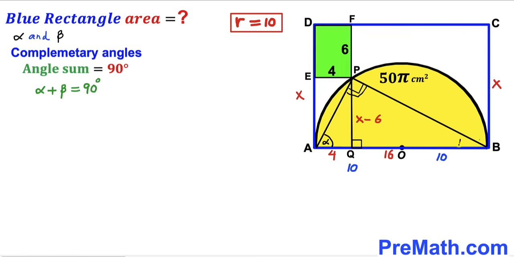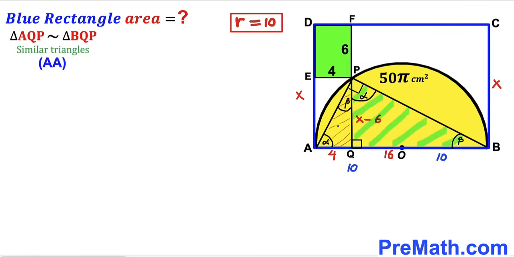So therefore this angle has got to be our angle beta. And moreover, in this triangle, this angle is alpha, this angle is 90 degrees. So therefore this angle has got to be our angle beta. And likewise, in this other triangle, this angle is beta, this angle is 90 degrees. So therefore this angle has got to be our angle alpha.